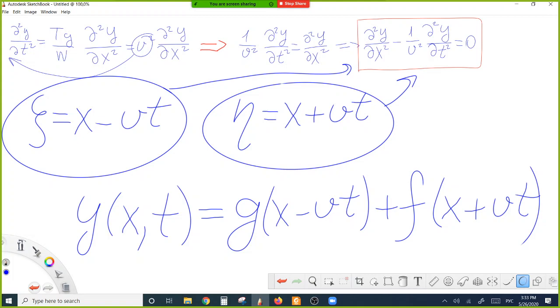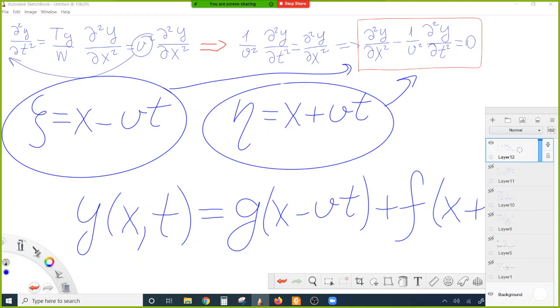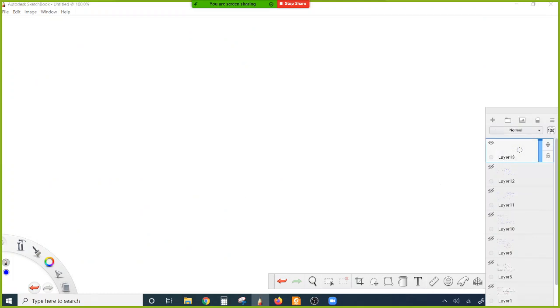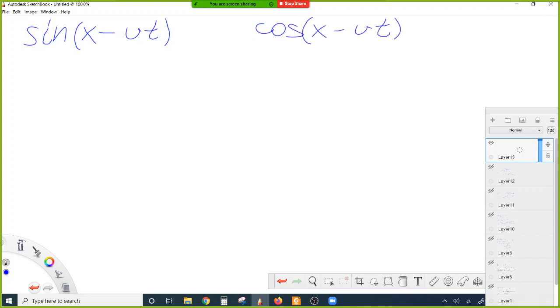For example, the functions g and f can be harmonic functions: sine of x minus vt and cosine of x minus vt.